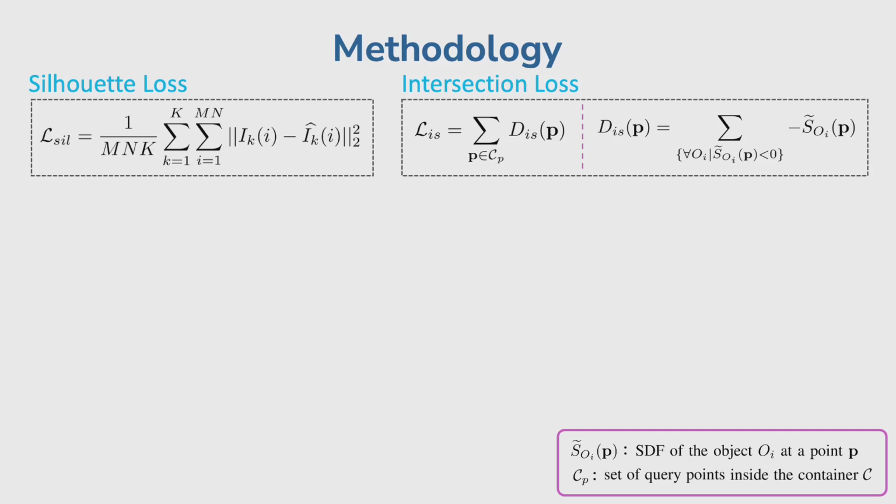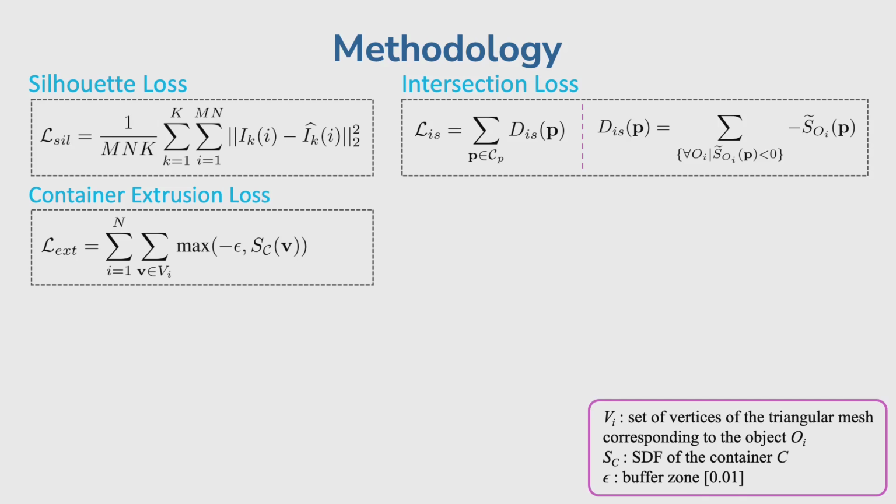Here, DIS of P greater than 1 indicates that there's an intersection of at least two objects at that point, and DIS of P equals 0 represents that the point P is not inside any object. The intersection loss is simply then the sum of degree of intersection at all the query points.